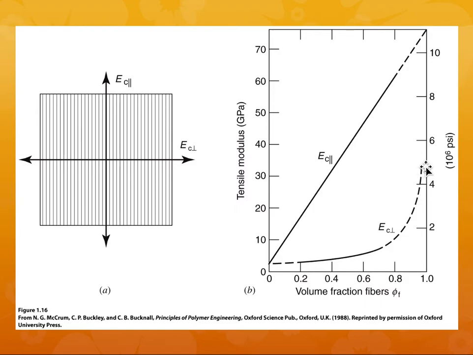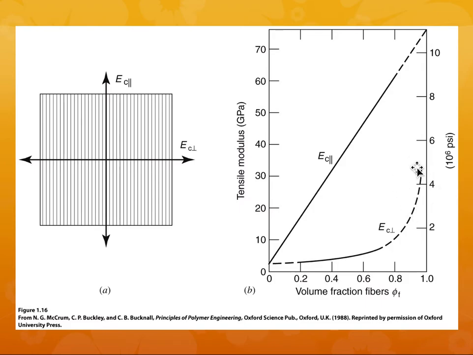Whereas the fibers themselves have as high as about 10, 12 MSI, you can see that the composite, if the fibers were all aligned perpendicular to the loading direction, the elastic modulus does not go beyond about 5 MSI.